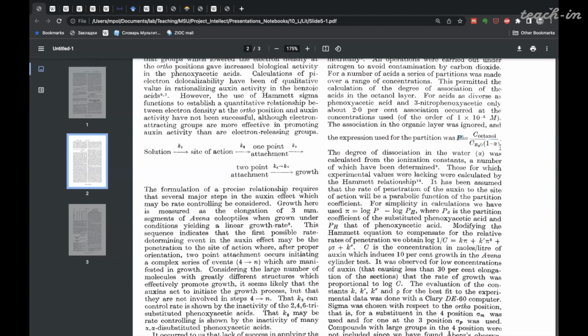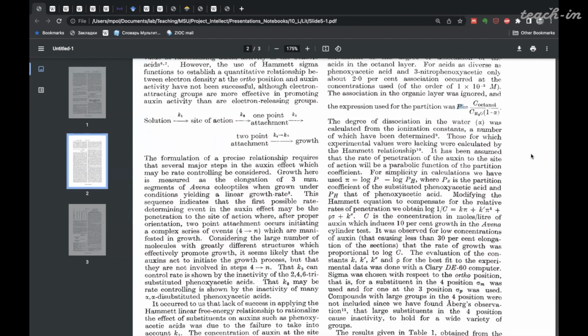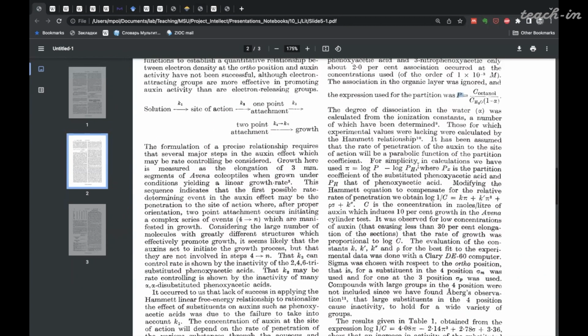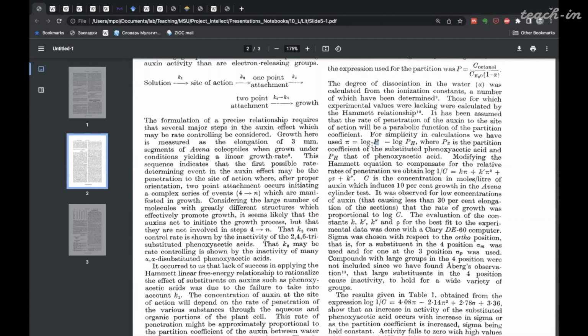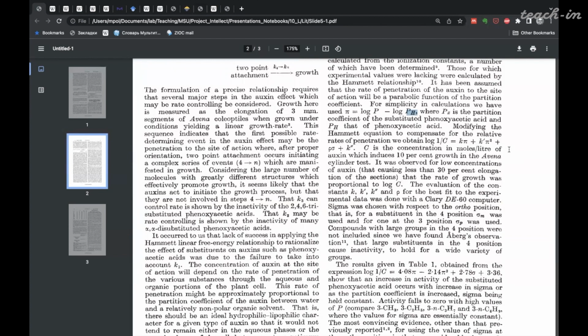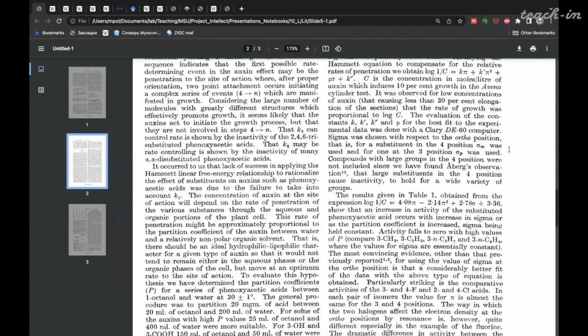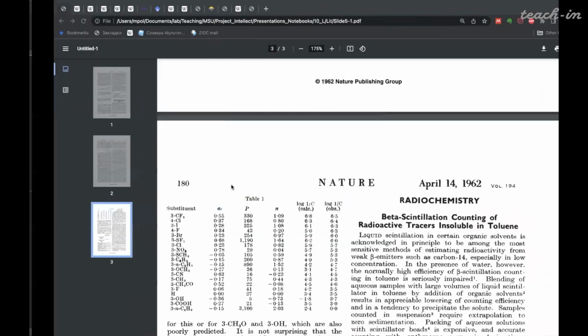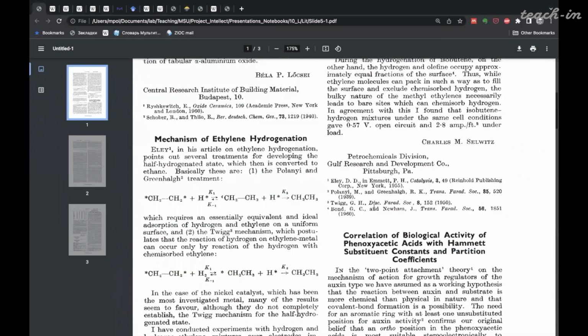However, researchers used non-logarithmic form here, so they compared the partition coefficient of substituted phenoxyacetic acids with the value for the unsubstituted acids, and also they used the Hammett parameter, the Hammett constant, and correlated this with biological activity.